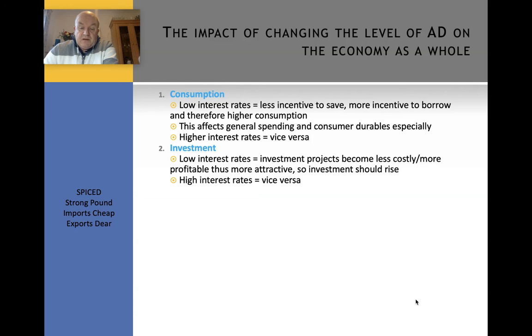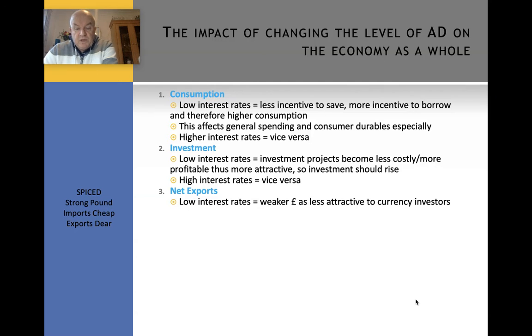and expand their businesses. We then take a look at net exports, which is basically the difference between exports and imports. If we have low interest rates, we have a weaker pound, and the reason for that is because it's less attractive for the hot money or the currency investors to invest in.